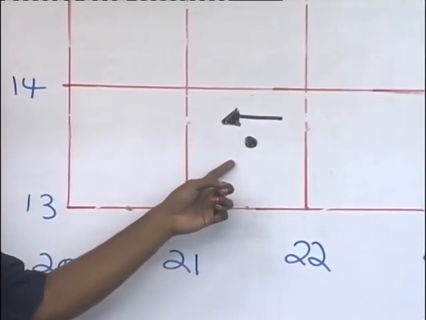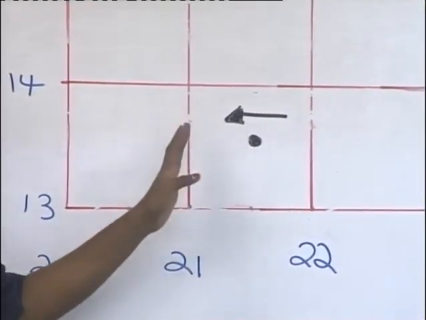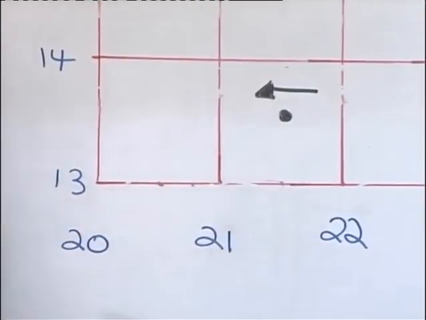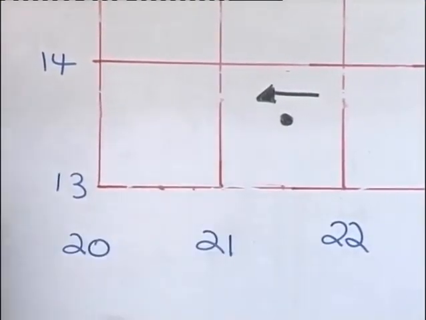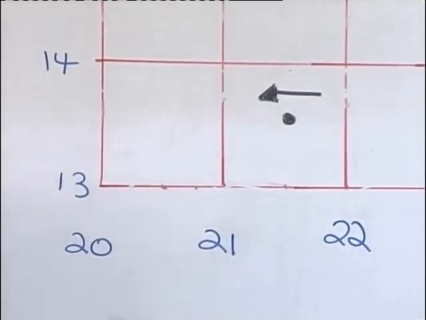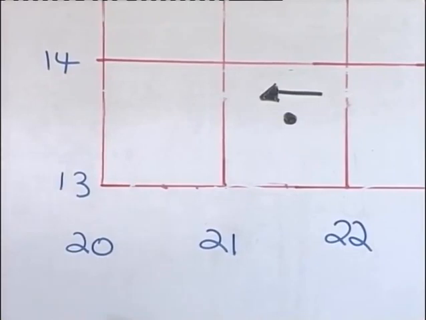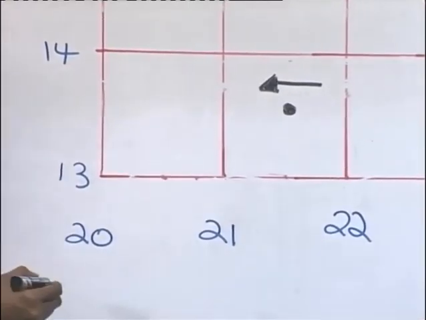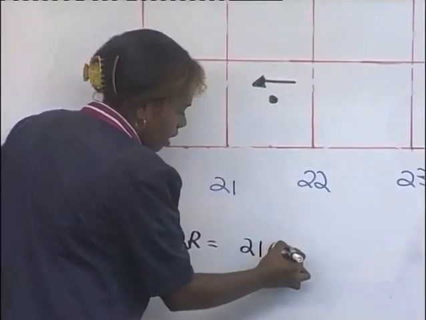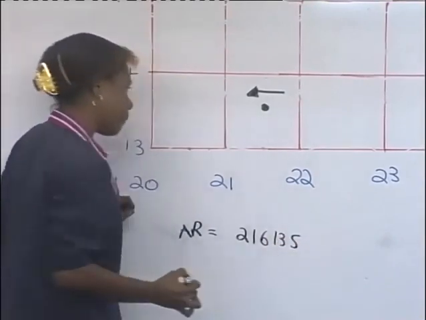Give us the 6-figure reference, or 6 area reference, for this arrow here. 6-figure reference for this arrow. Receiving students? Anyone? Okay, Paulus, would you like to try? 21 6 and 13 5. 21, 6, 13, 5.